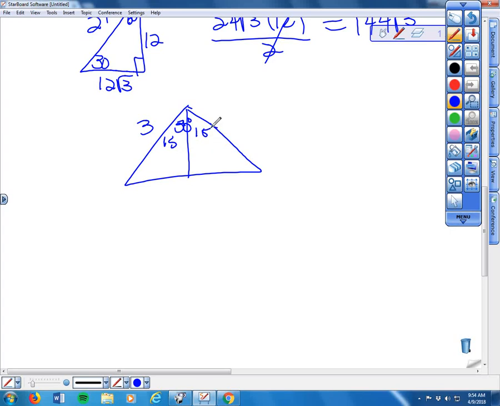Well, this is not a special triangle that we know, so we have to use sine, cosine, or tangent to find the opposite and the adjacent. So all of Chapter 8 is going to be used in this section as well as the section tomorrow. So you may have to review those, you know, sine, cosine, and tangent, SOHCAHTOA, all of that stuff is coming back in. All right, that is it.